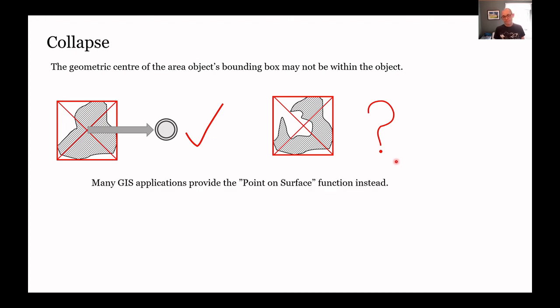Well, commonly there's something called point on surface, where we draw a line through the thing that we want to represent. We take this line going through the middle, halfway along the bounding box, and then we travel along that line, and we say, I've entered the object, I've exited the object.